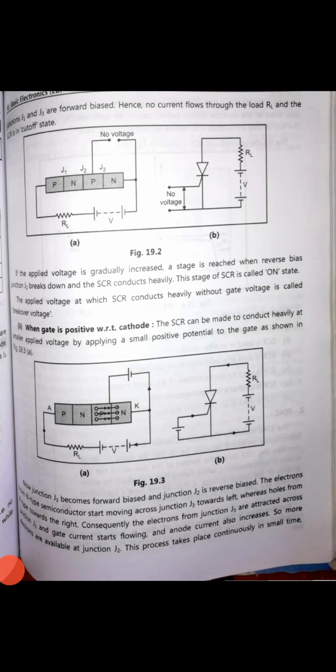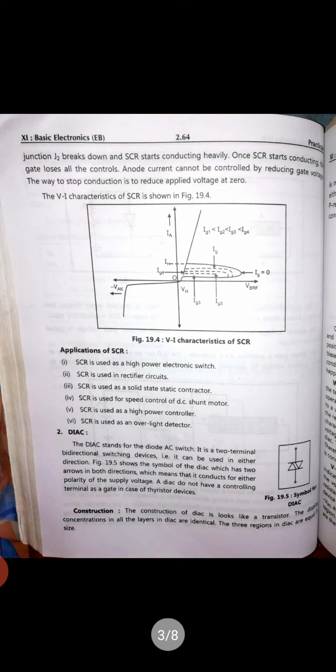And anode current also increases, so more electrons are available at junction J2. This process takes place continuously in a small time. Junction J2 breaks down and SCR starts to conduct heavily.